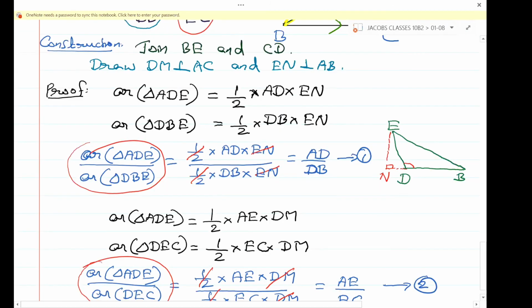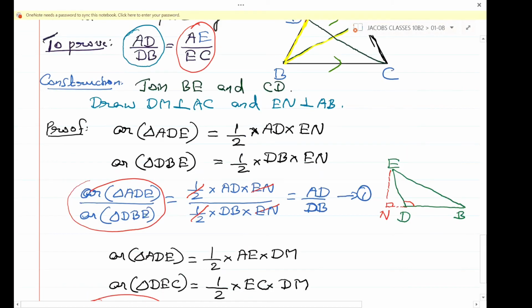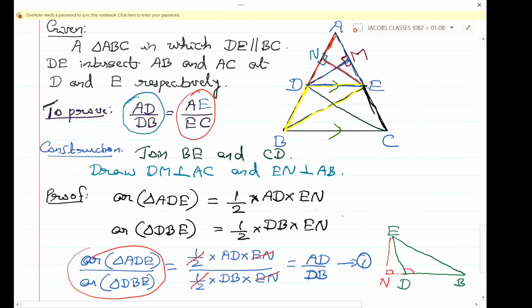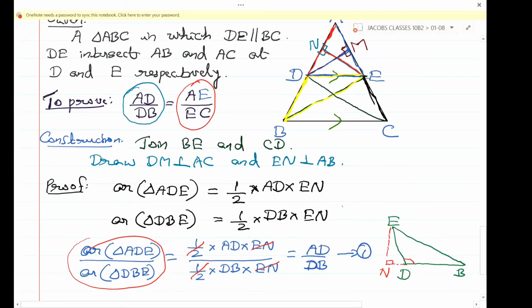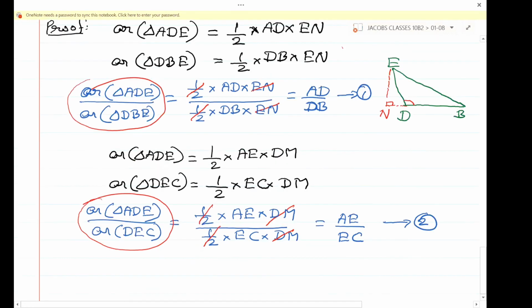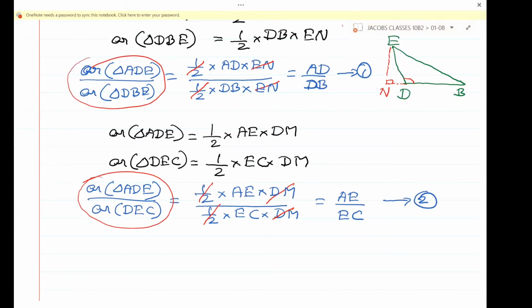So look at these two, DBE and DEC. If I redraw these two, this is the one, DBE, this part. And this is the one, DEC. So these two are on the same base DE, right? And between the same parallels. So the denominators of equations 1 and 2, that we will write as a reason.